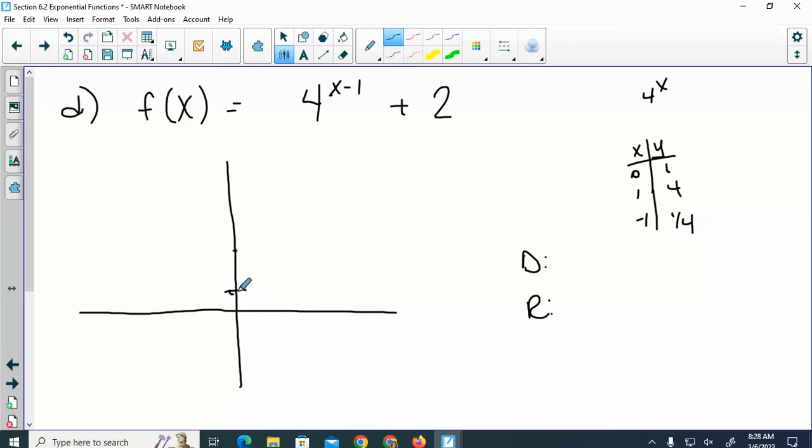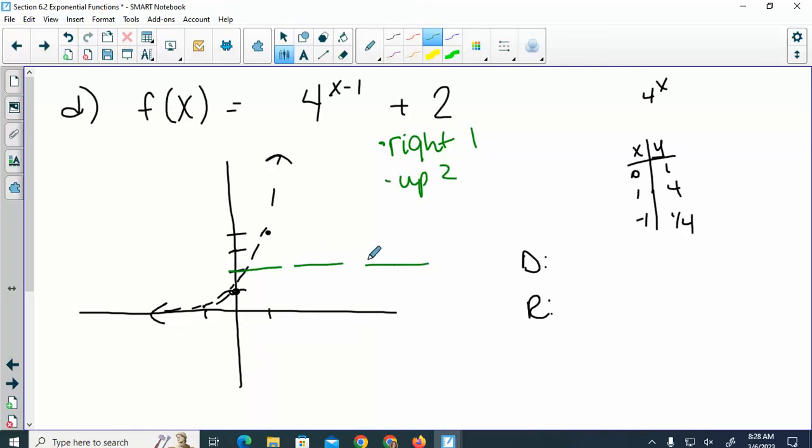So your original, you have to have 0, 1; 1, 4; and negative 1, 1/4. Then we have to figure out our transformations. So the minus 1 we'll take it, and the plus 2. Since I'm moving up or down, my asymptote moves, so it will go to positive 2.